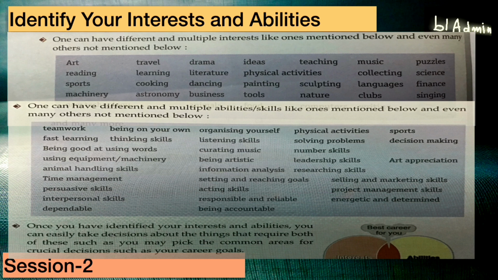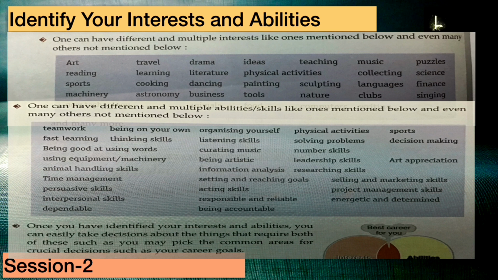Now, what about abilities? One can have different or multiple abilities or skill sets. Like the ones mentioned below: teamwork, fast learning, thinking skills, being good with words, using equipment and machinery, animal handling skills.